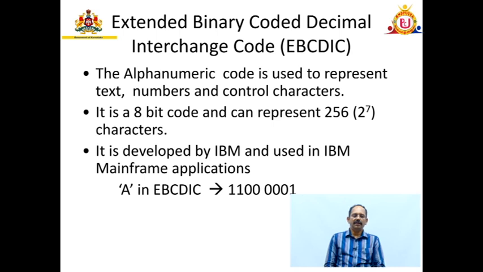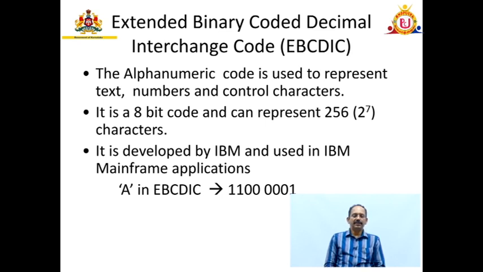Now, the letter A in EBCDIC, for example, given on the screen, is 1100 0001. So totally 8 bits are used to represent every symbol used in the IBM mainframe computer.